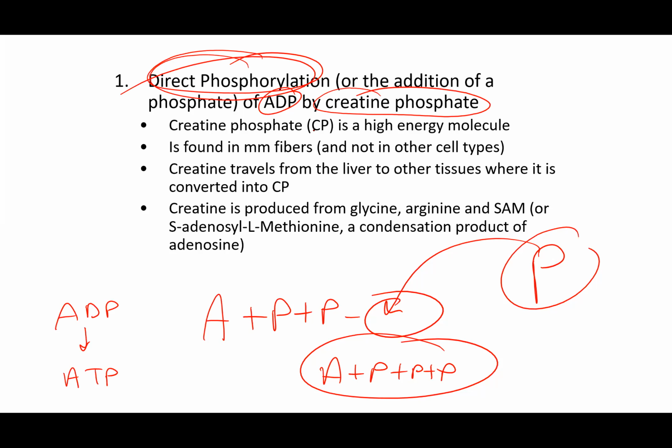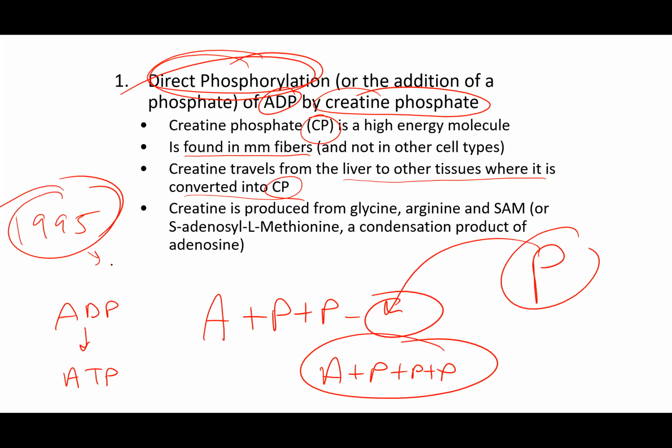So the creatine phosphate, which is the CP, is a very high energy molecule. It's found in muscle fibers. Okay, the creatine travels from the liver to other tissues where it's converted into the creatine phosphate. Now, in the mid 90s, I think around 1995, don't quote me on that, they invented the creatine supplement.